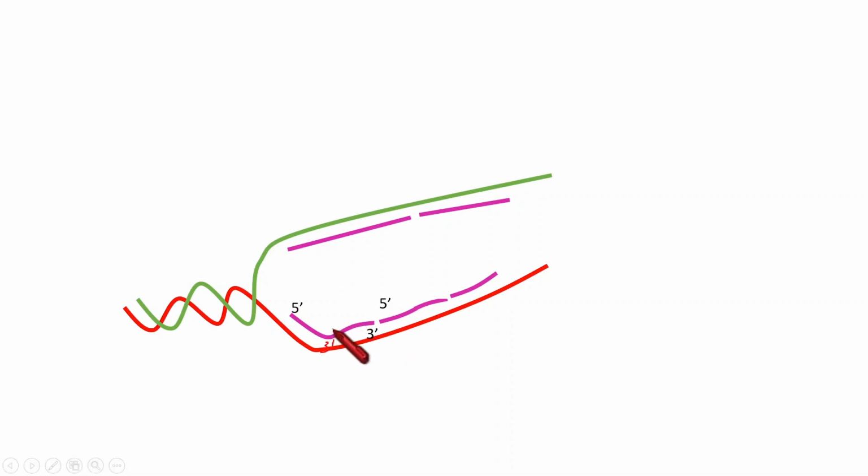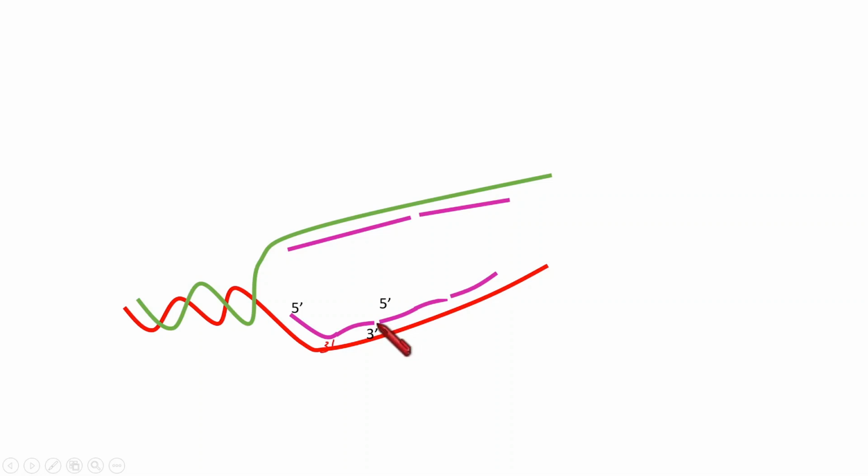and from that 3' end, this DNA polymerase 1 is adding the deoxyribonucleotides, and on reaching the 5' end of the next Okazaki fragment, the DNA polymerase 1 cannot join this 3' end with the 5' end of the next Okazaki fragment.